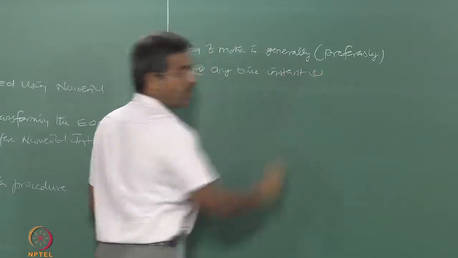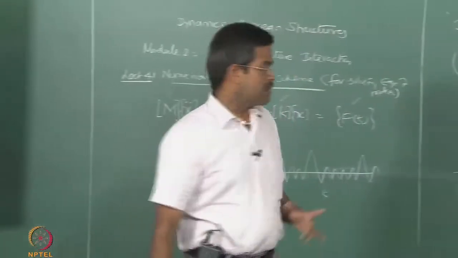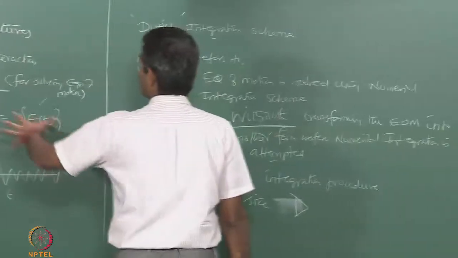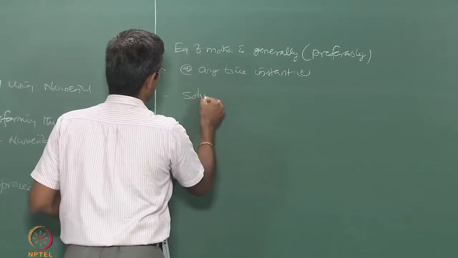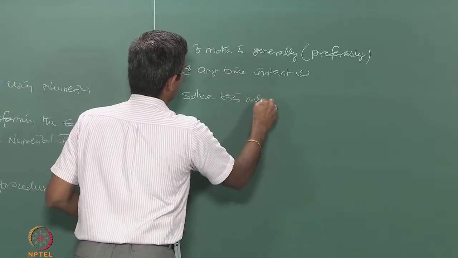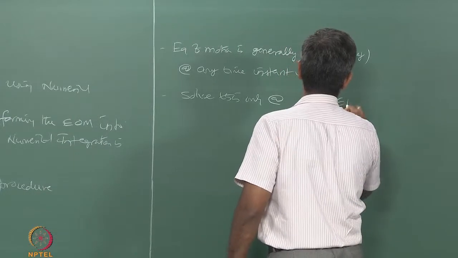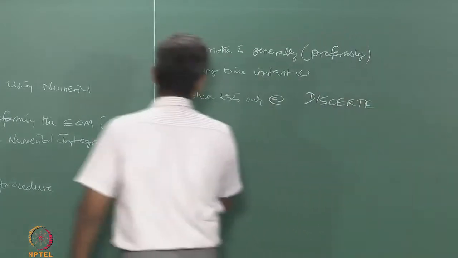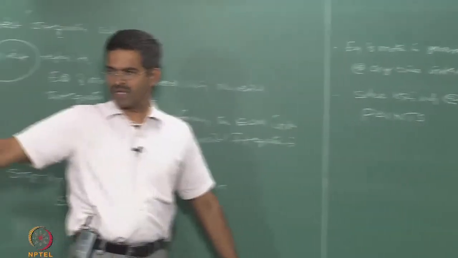That is what I actually want. I want the solution of u of t or x of t at any time instant. But when you apply a numerical integration scheme, you will solve this equation of motion only at discrete points along the time scale.